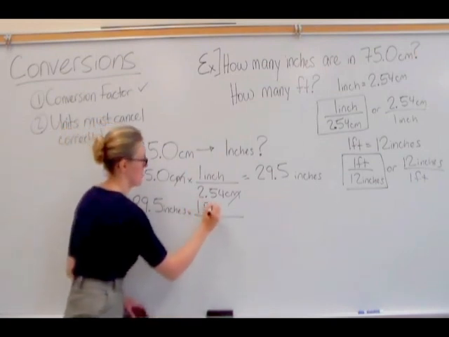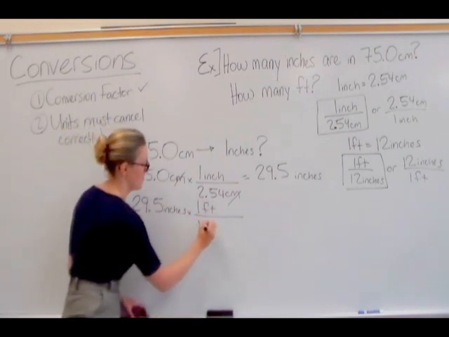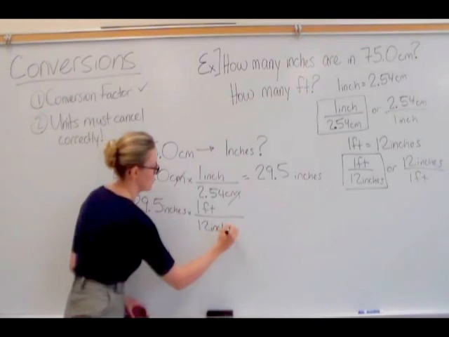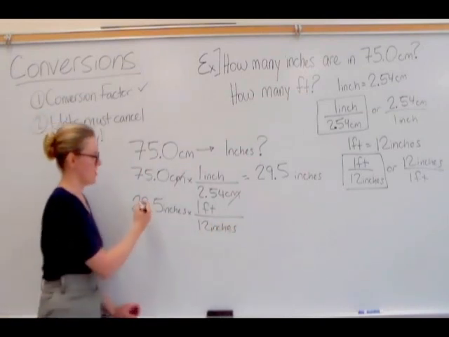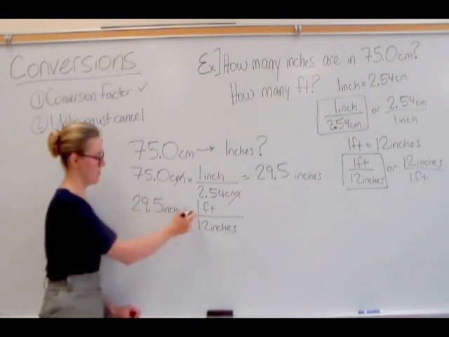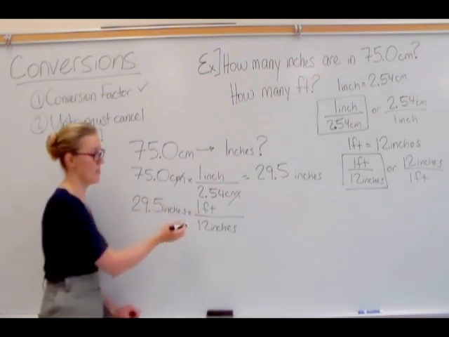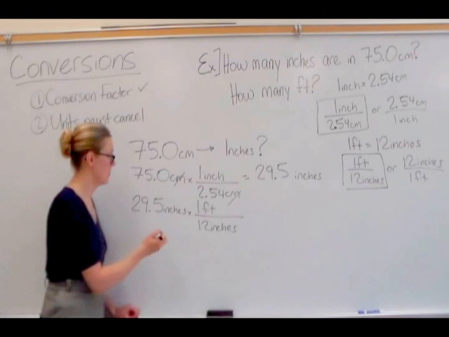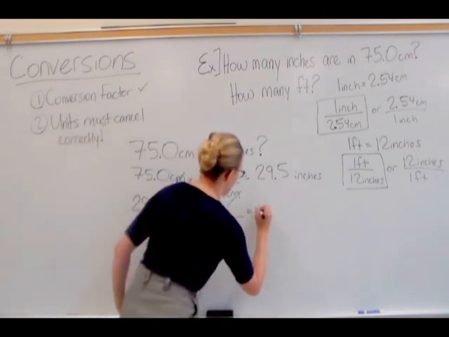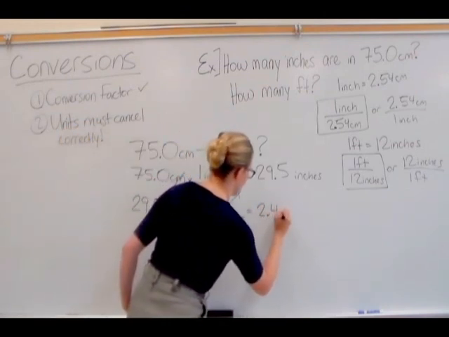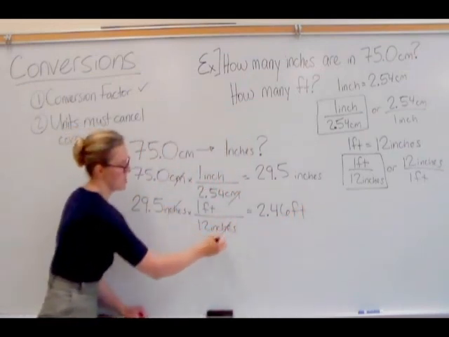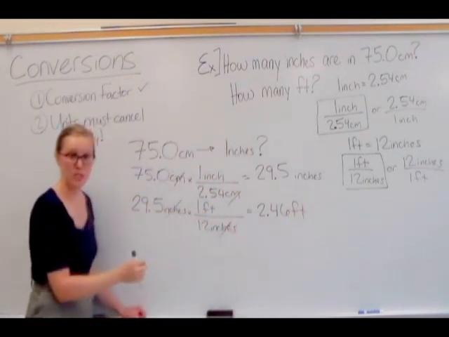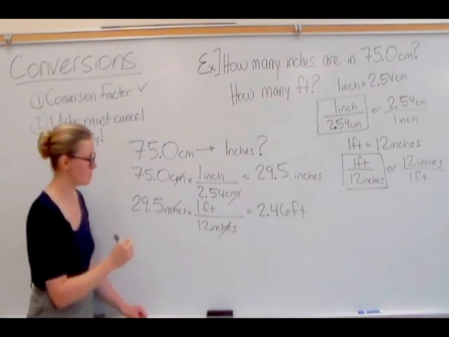So we say 1 foot over 12 inches. So we'll multiply 29.5 times 1 and then divide it by 12. And we'll get 2.46 feet. And so the inches cancel, and the only unit we're left with is in feet.